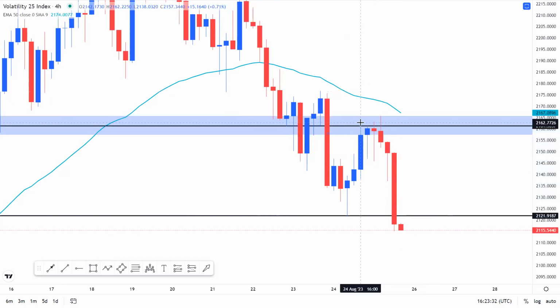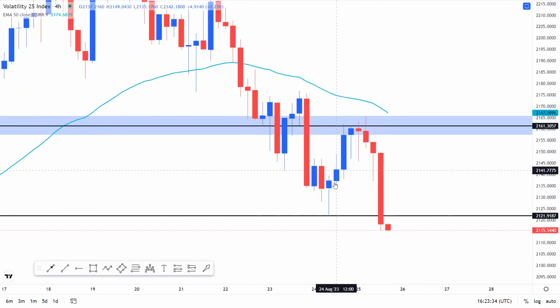On the 4-hourly time frame, as you can see, we had this nice, very bullish momentum candlestick that came right into the level, and then a little rejection from the upside. And what do you notice?